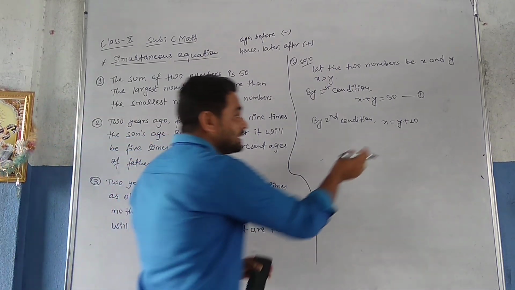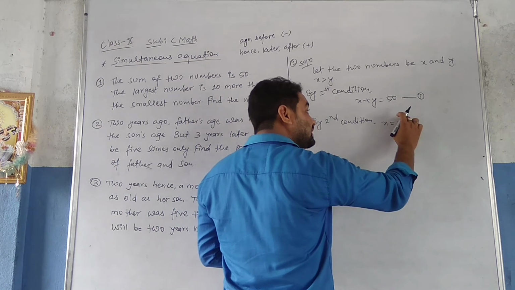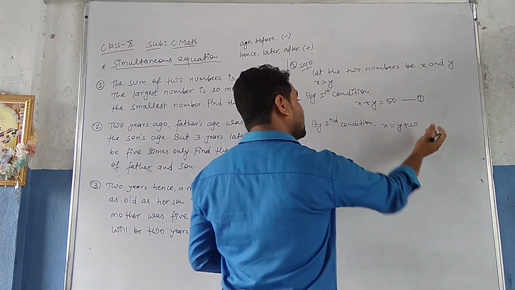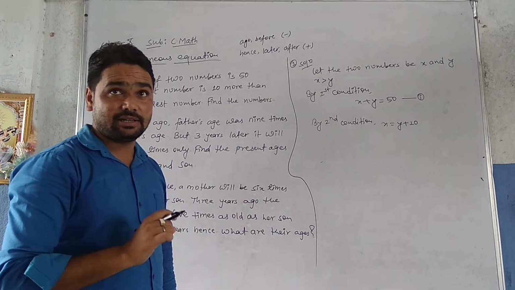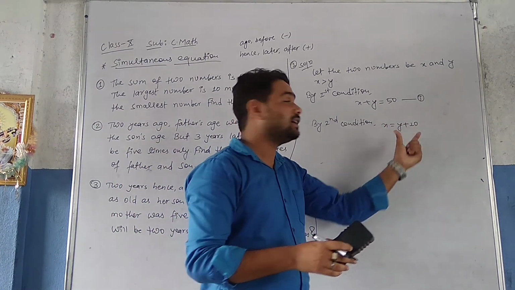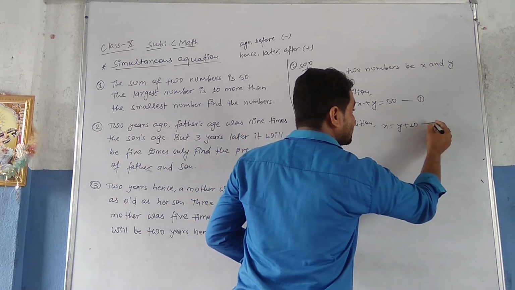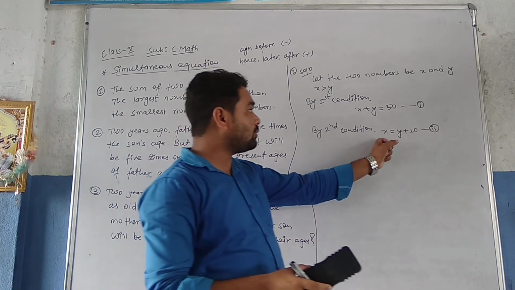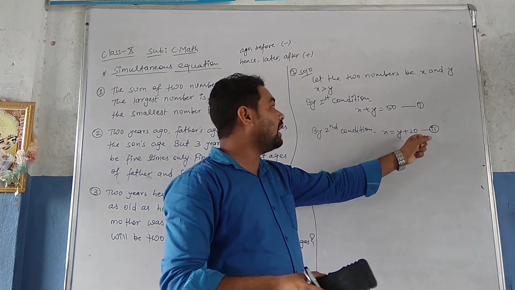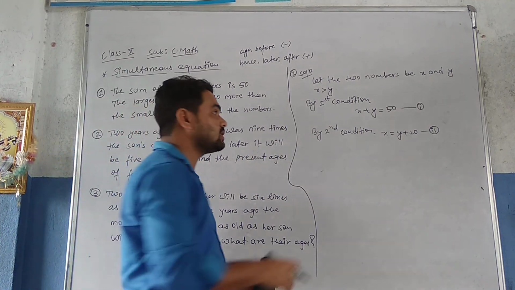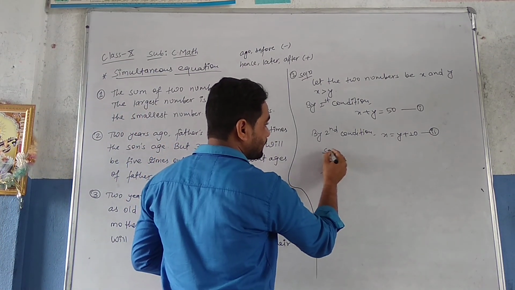X is greater than y by 10, that means in y we have to add 10, then only this x becomes equal to that. So it is our second equation, x equals y plus 10, and we can use the substitution method directly.